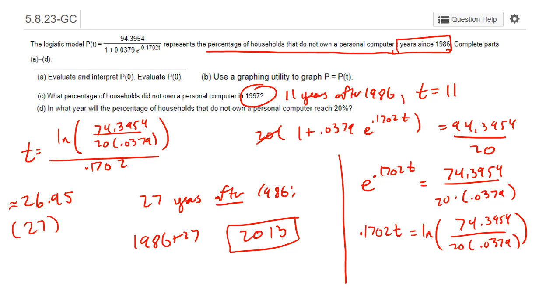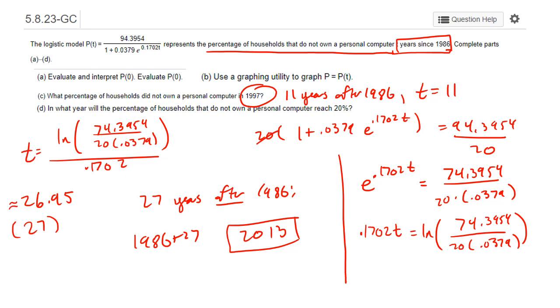So instead of using t as my variable, I'm just going to call it x because that's what works automatically. 0.3954 divided by 1 plus 0.0379 times e to the 0.1702 x. And I'm using x just because in the search engine that's what will be produced.